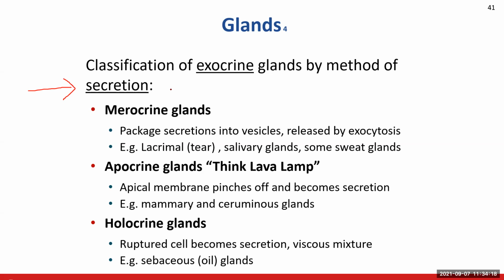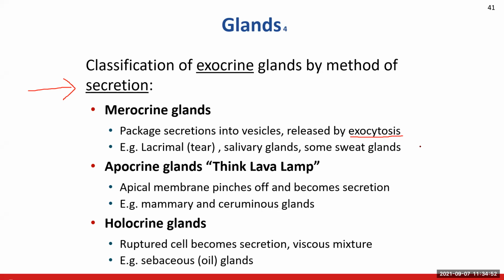These merocrine glands are going to package their secretion up into these vesicles, and they're going to release the contents of those vesicles through the process of exocytosis. Now, I hope that you've reviewed what that is, but in case you forgot, exocytosis is when a vesicle fuses with the plasma membrane and then it expels the contents of that vesicle outside the cell. And that's exactly what happens here. These merocrine glands are going to do the same thing.